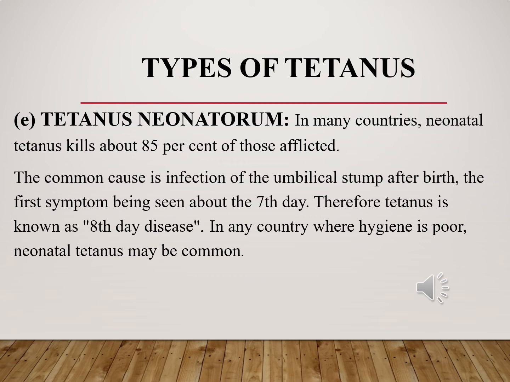Tetanus neonatorum. In many countries, neonatal tetanus kills about 85% of those afflicted. The common cause is the infection of the umbilical stump after birth, which occurs either because of the unsterile environment in which the delivery was performed, or because the blade used to cut the umbilical cord was not sterile.